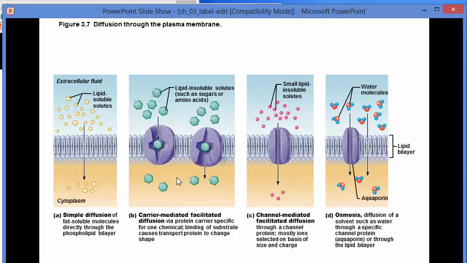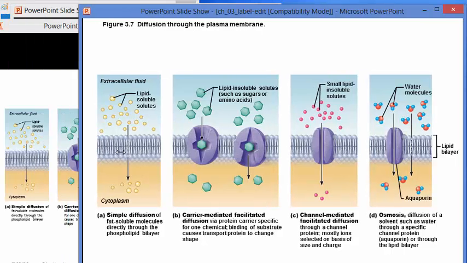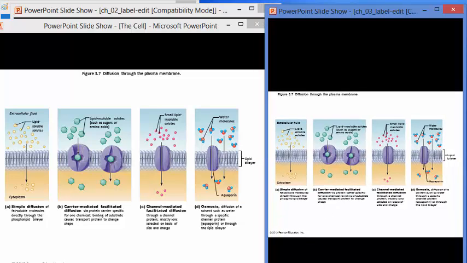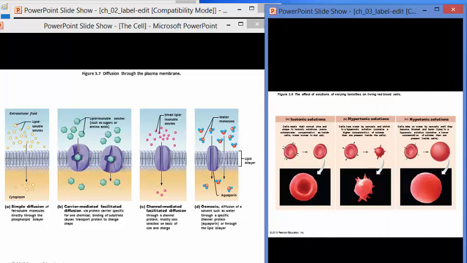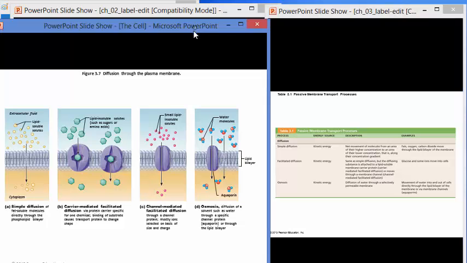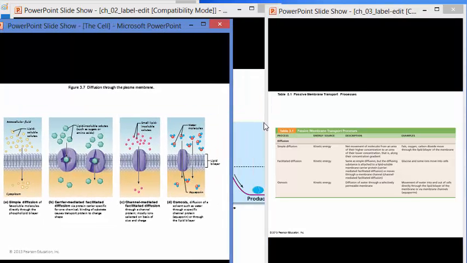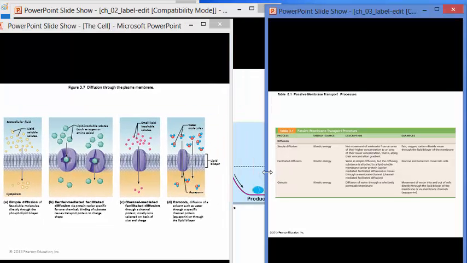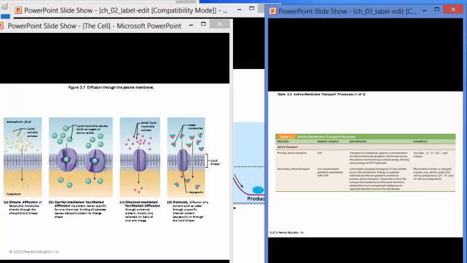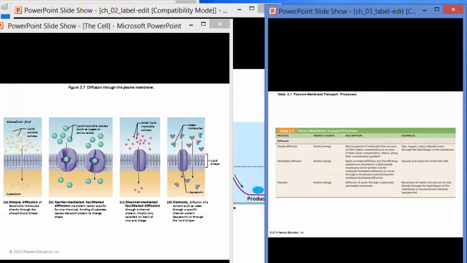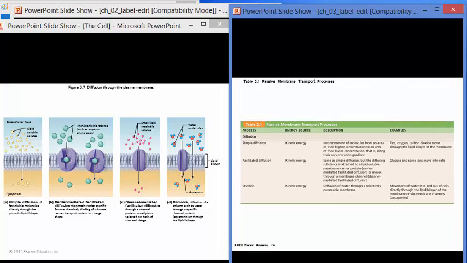Diffusion. So this applies to our cells as well. So since that cell is made up of a double layer of lipids, certain substances are able to diffuse into the cell. So for example, lipids are able to enter the cell through simple diffusion.